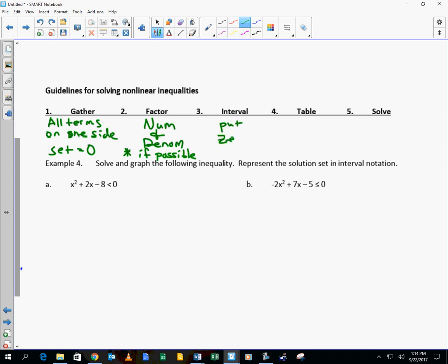Put your zeros on the interval. We make a table. A table has rows and it has columns. The number of columns equals the factors plus 1. The rows equal the factors.